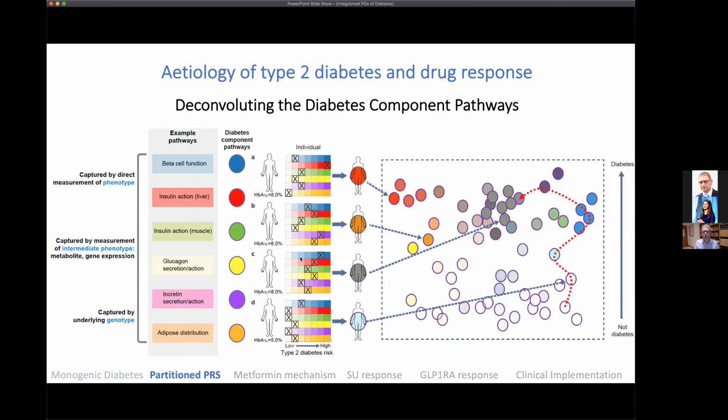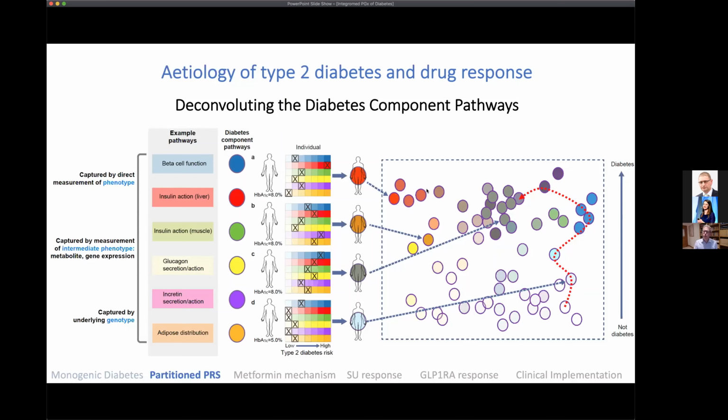So most people will just have a small defect in multiple pathways, potentially hundreds or thousands, and they will be a sludgy brown color. Whereas some people will be more extreme and they will have developed diabetes because they've got a lot of defects in this red pathway, and they will be red on the palette, and others will be blue on the palette.